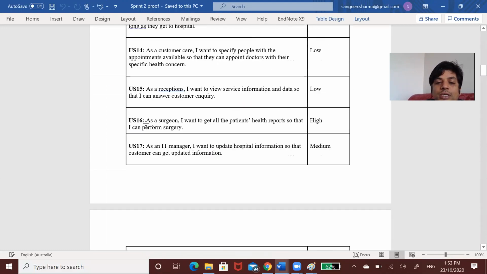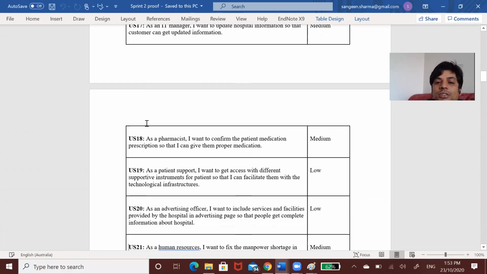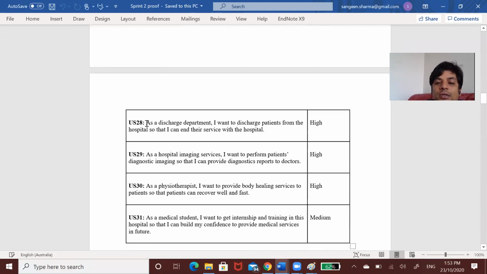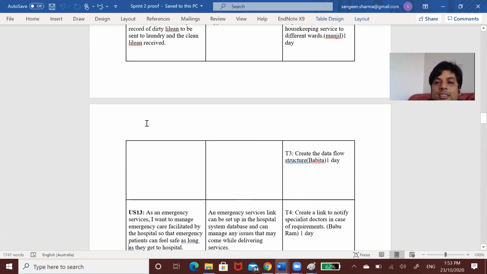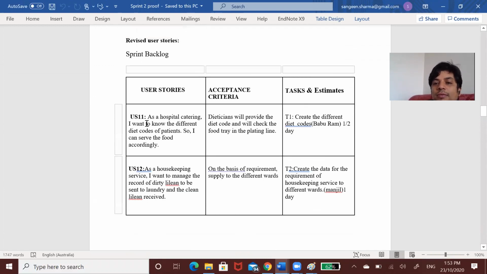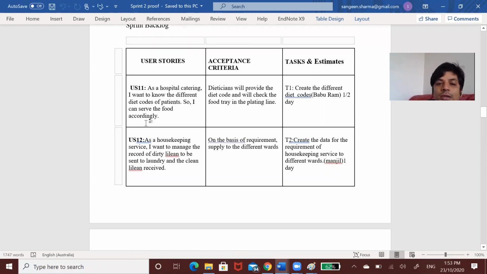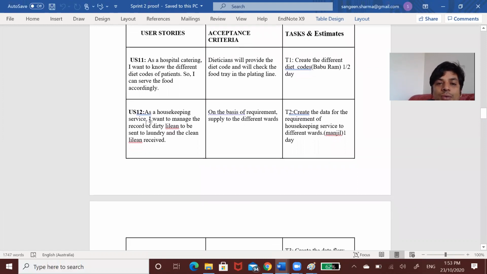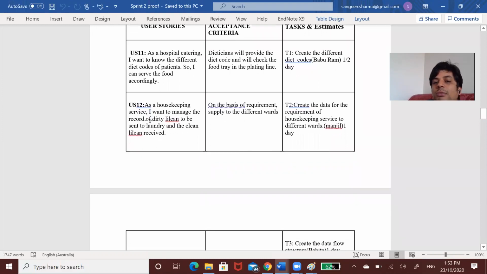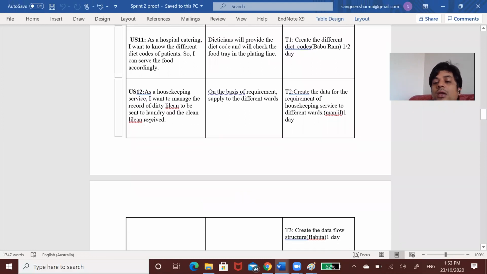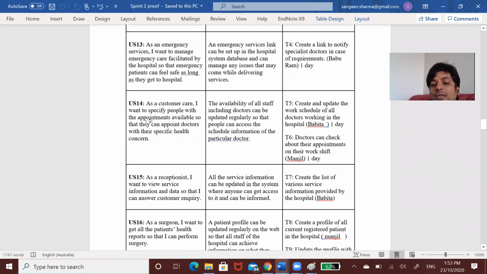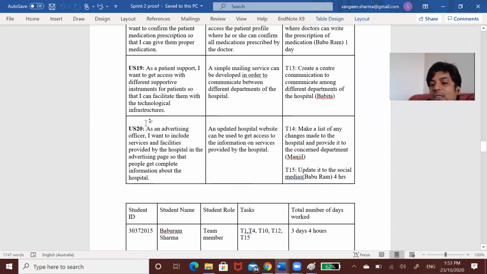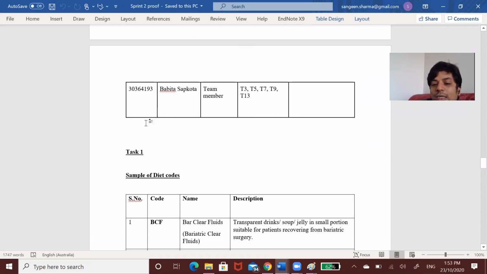User stories 11 to 20 were taken in the second sprint, and the tasks were divided. As a hospital catering staff, I want to know the different diet codes of the patients. The hospital catering staff want the different diet codes, and the different tasks were divided.